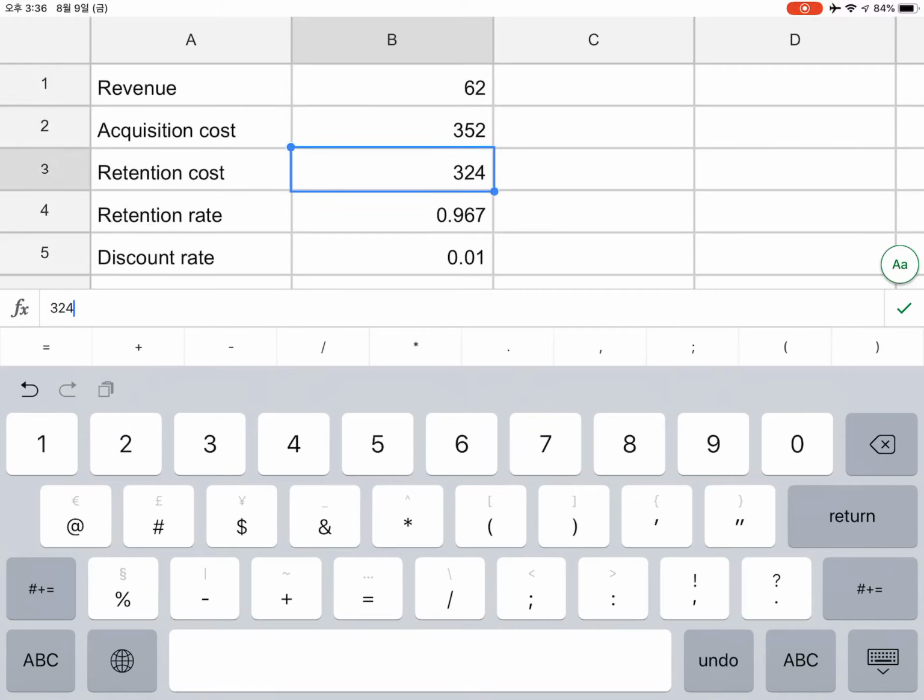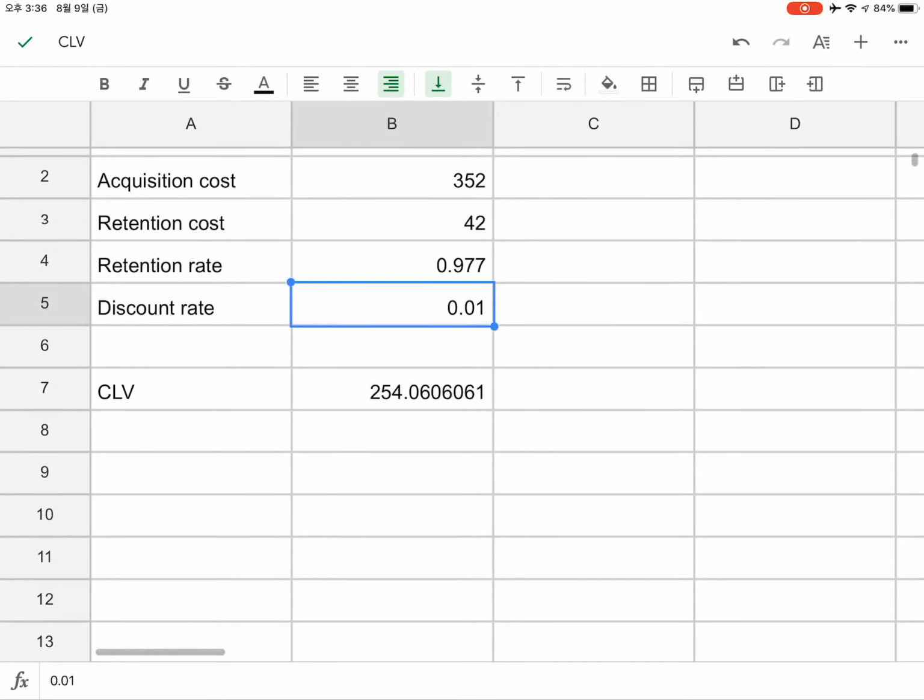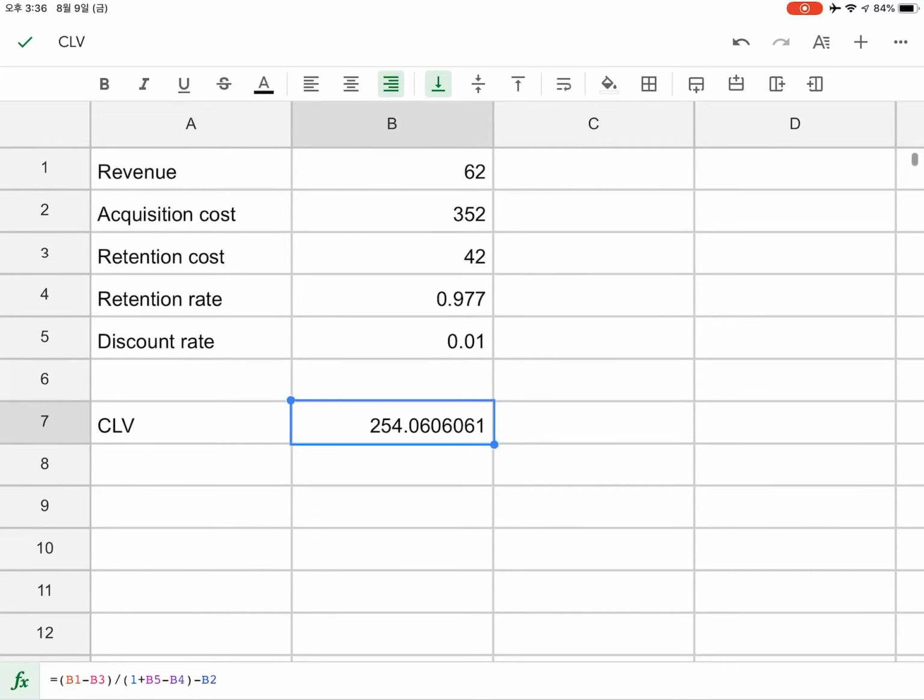Retention cost, more rewards, so $42 per customer per month, with improvement of retention rate from 967 to 977. So we can check it. The CLV of the new program, unfortunately, is positive, but it is smaller than the existing customer lifetime value, which was 346.